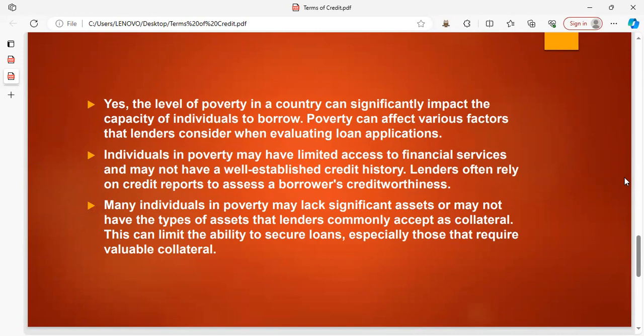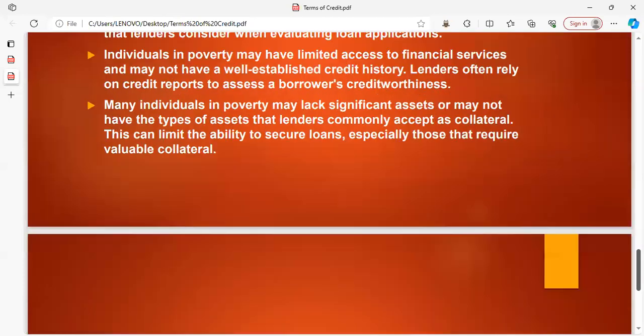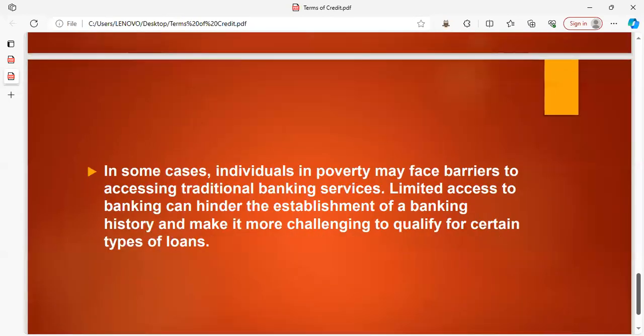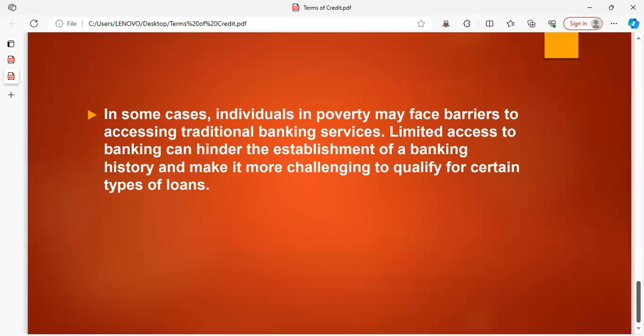So, wherever collateral securities are needed, it will be difficult for these people to get loans from institutions that demand valuable collateral security, because these people do not have any kind of valuable collateral security. In some cases, individuals in poverty face barriers to accessing traditional banking services.